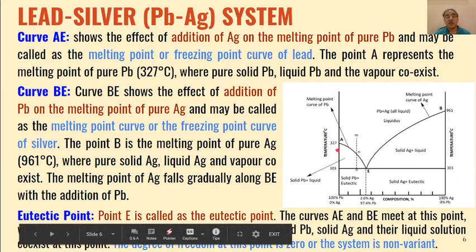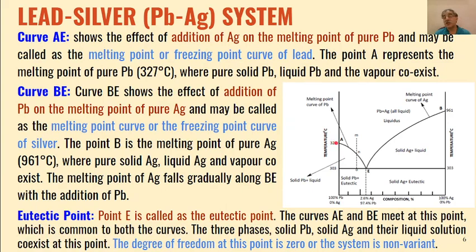Now there are mainly two curves in the phase diagram. These are called phase curves. First is the AE curve and then the BE curve. The AE curve shows the effect of addition of silver on the melting point of pure lead. As you have seen, at point A, that is at 327 degrees centigrade, this is the melting point of pure lead.